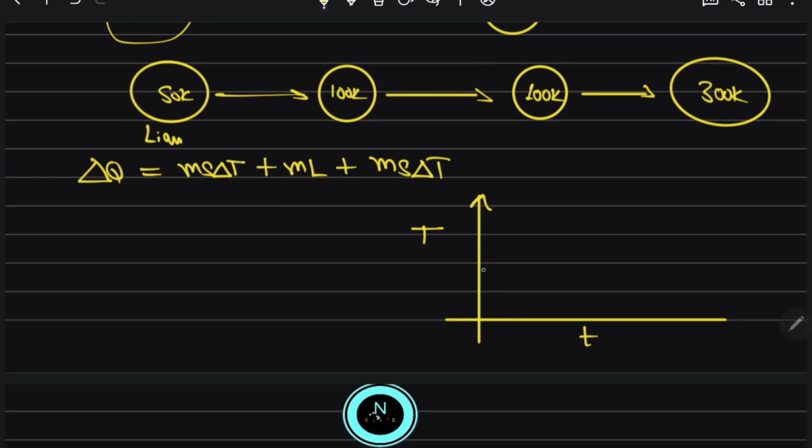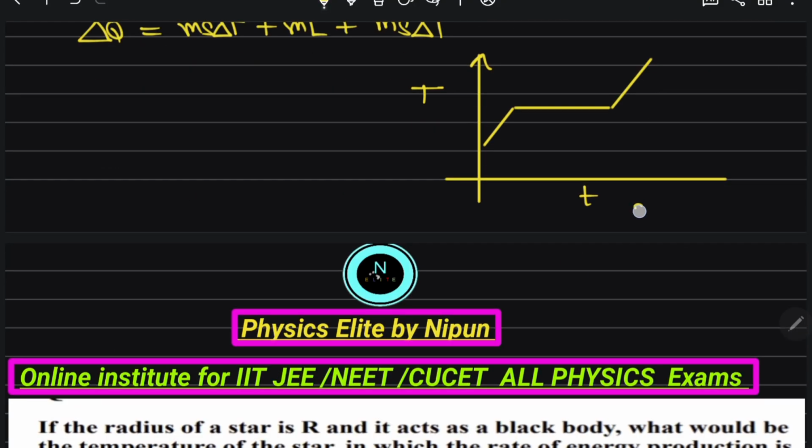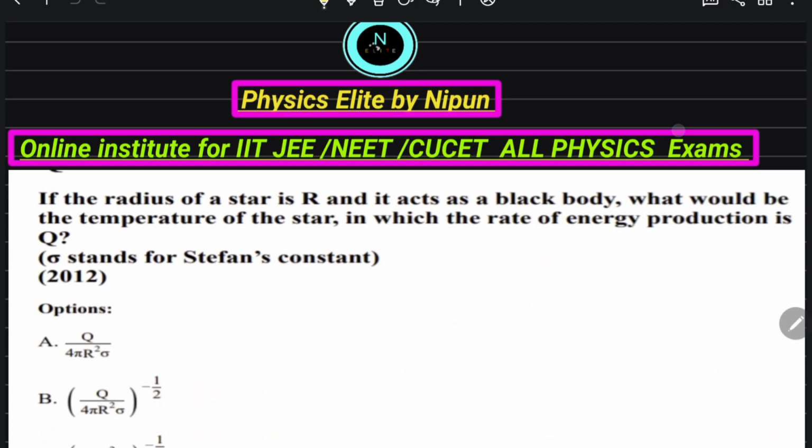Initially it increases, then remains constant, then again increases. The other options are not possible, so option first is correct.